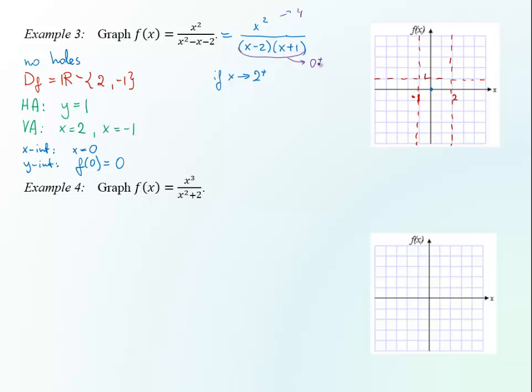So 4 divided by something that is very close to 0 will be positive infinity. So we have f of x approaches positive infinity, which gives us the idea of graphing the shape in this region. It will be from positive infinity going somehow like this.